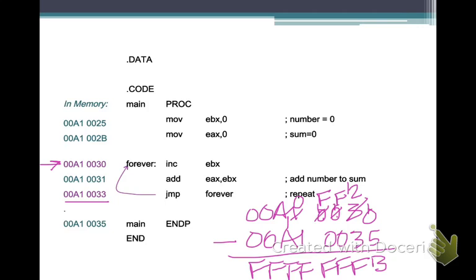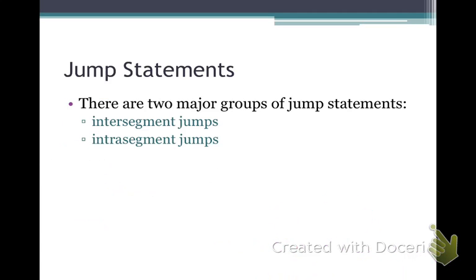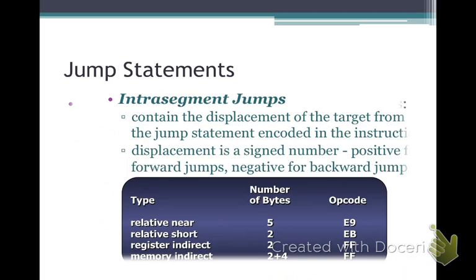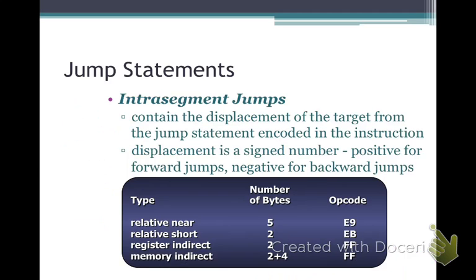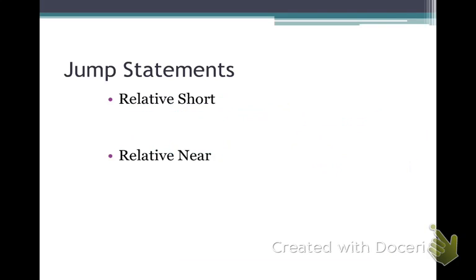This is the same as minus 5. That is a small number, so my offset is going to be that size right there. It'll be FB. That'll be the second byte in the encoding of a jump instruction where I'm jumping to a location that's pretty close. So, since I've said pretty close, let's talk about that.